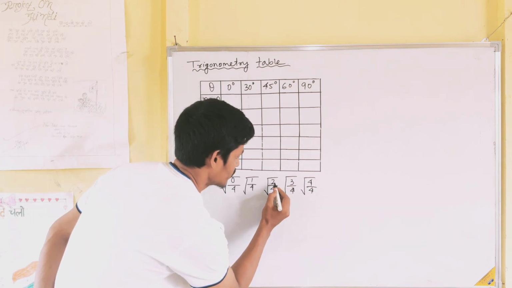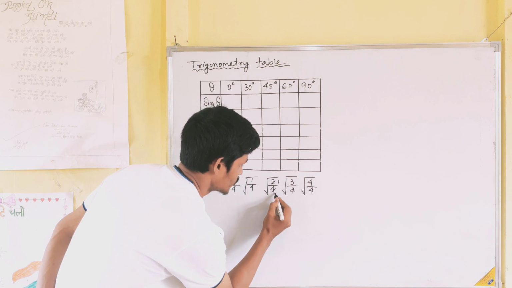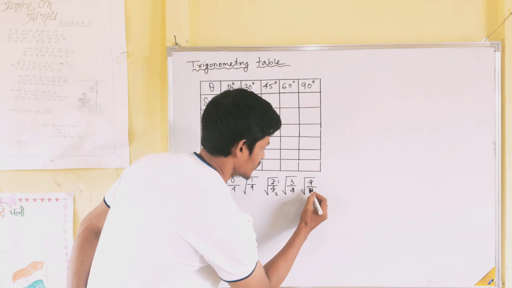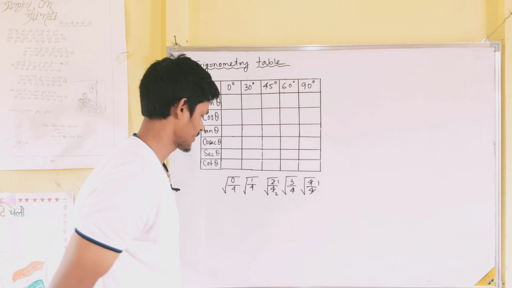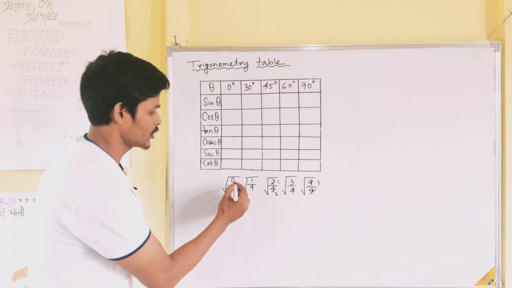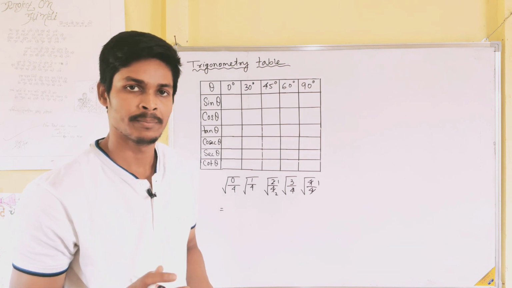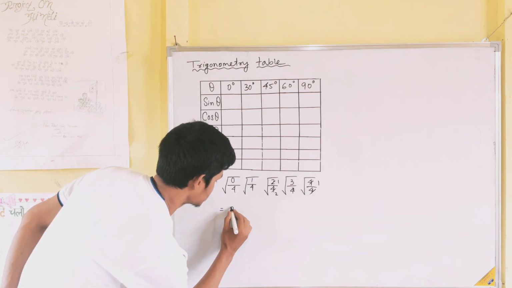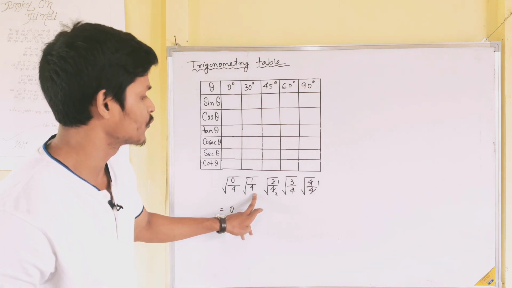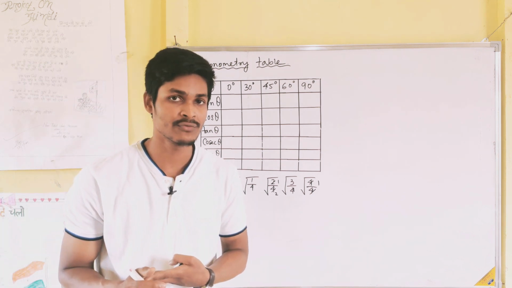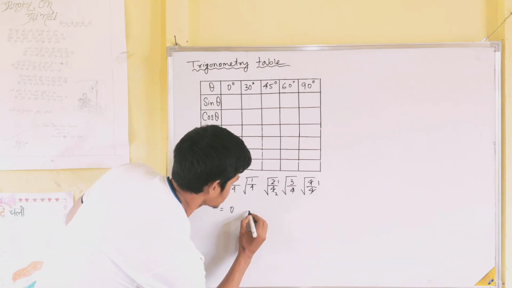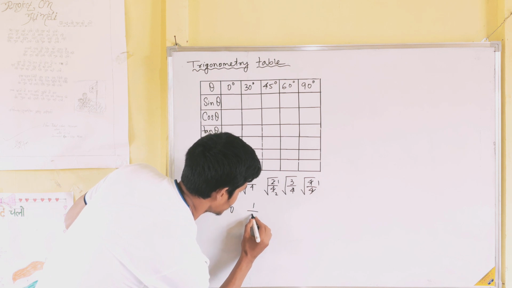Now see what you get. 2 2s are 4, so 4 cancels 1 by 2. Here 0 by 4 is 0. Root 4 is 2, so root 1 by 4 is 1 by 2.